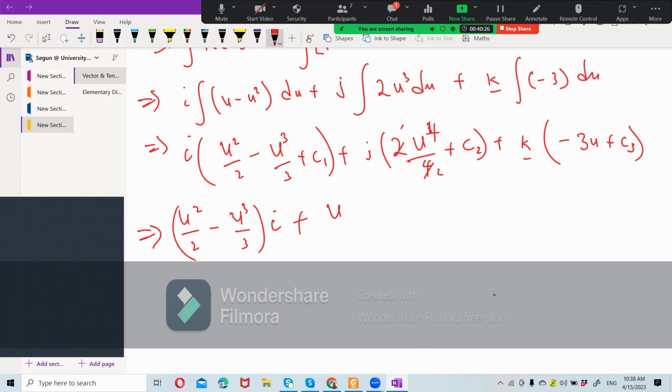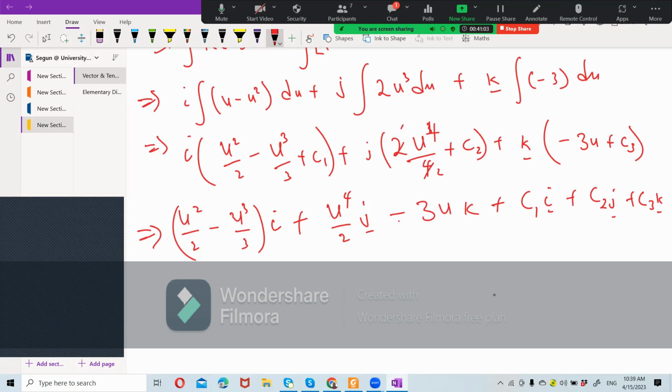So you have U to the 4 over 2 plus c2, we might not put the C because of the J. Minus 3UK. So everything will now be plus C1I plus C2J, then plus C3K, or minus C3K, whatever you call it.